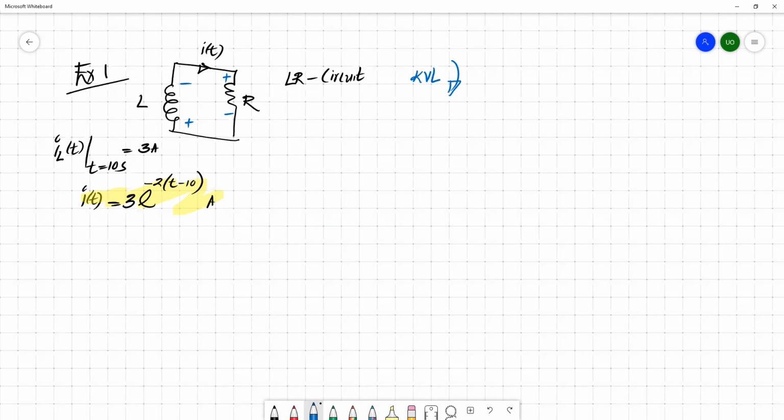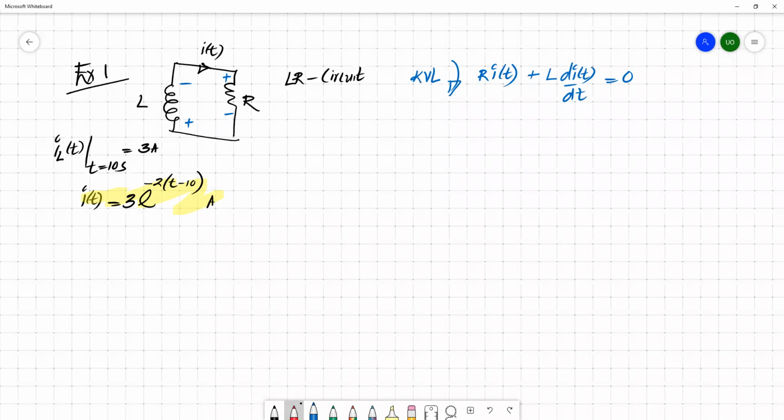So then we can simply say that R times i(t) is the voltage drop across the resistor, plus the voltage drop across the inductor, which can be written as L di(t)/dt, equals 0.